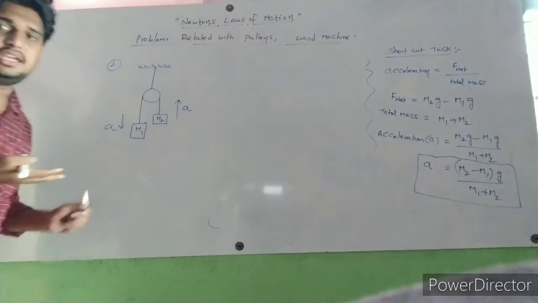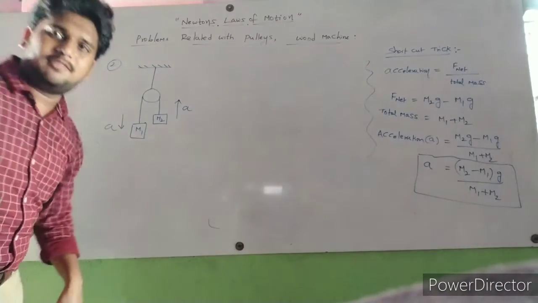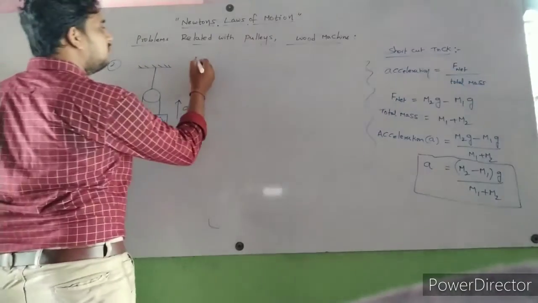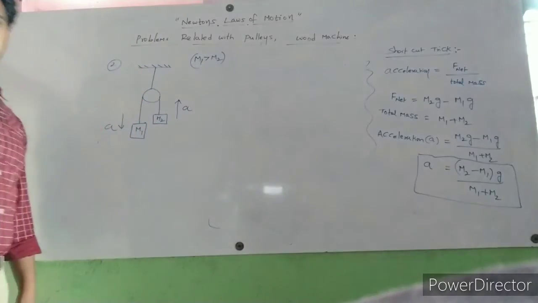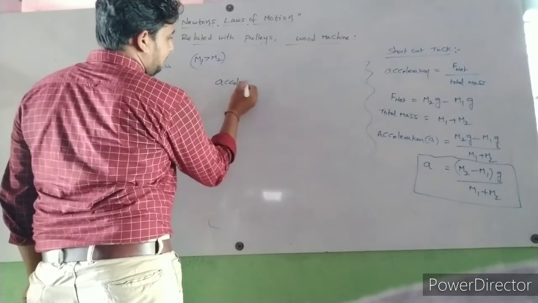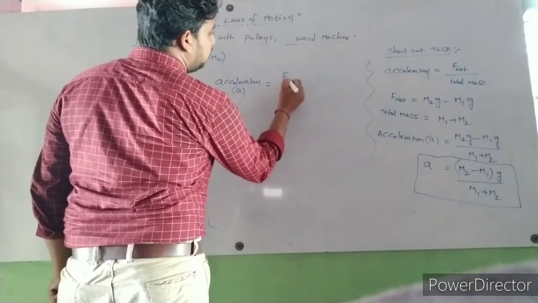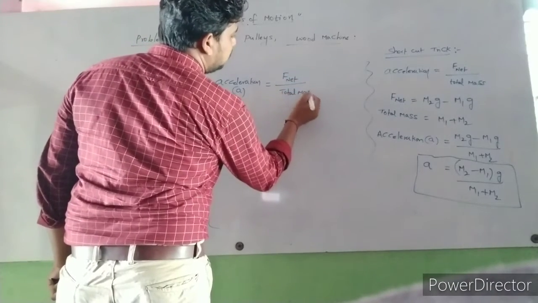Here observe carefully, M1 moves downward. When it moves downward, it is possible only if its mass is greater. That means M1 is greater than M2 here. From this, acceleration A is equal to net force by total mass.